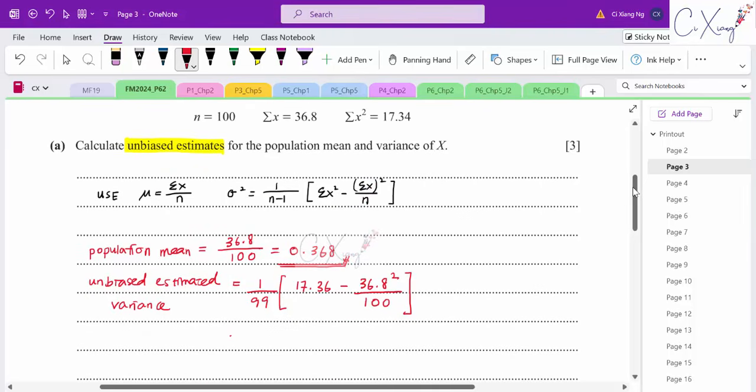Just use the calculator to help us. We should get a long value here, and of course we have to give our answer to 3 significant figures. So this is how we solve question 1, part A.